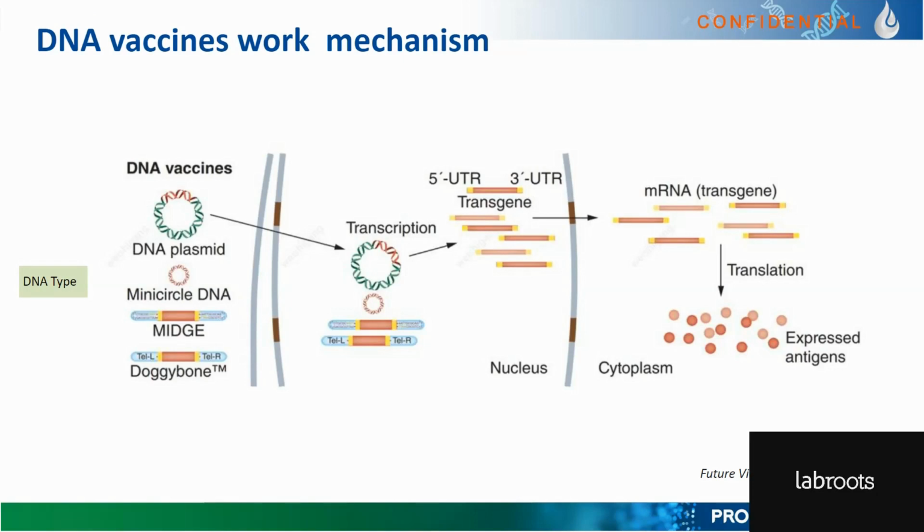To carry this genetic material, we can use a DNA plasmid, a minicircle DNA, or a doggybone DNA. A doggybone DNA, also known as dbDNA, is a modified DNA molecule, typically used in the preparation of gene therapy or, in this case, a DNA vaccine. The name is derived from its shape, which resembles a dog bone.